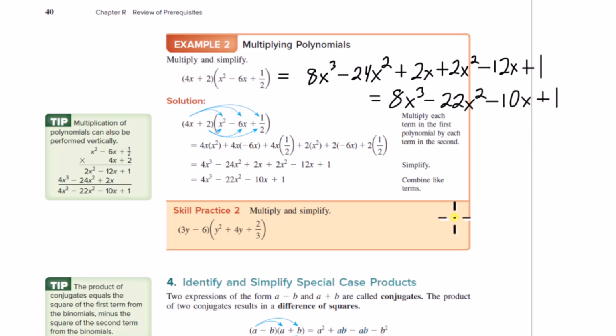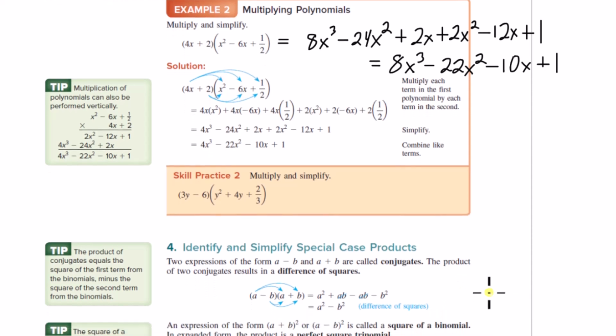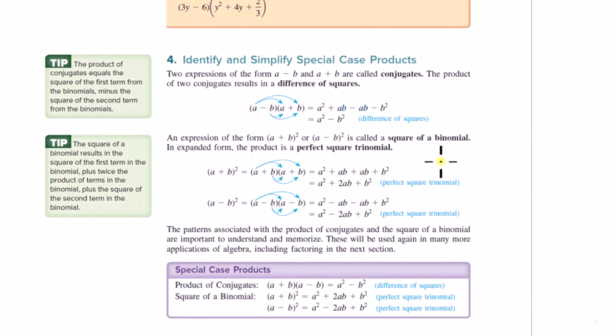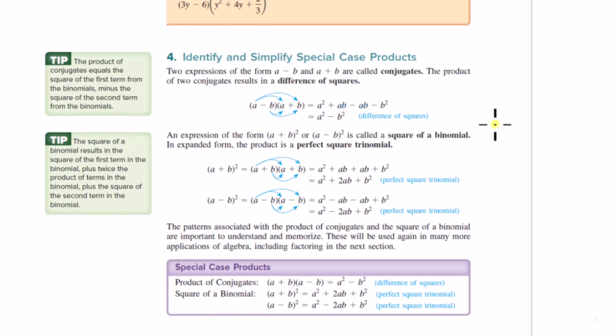Like that. Now next, we talk about some special cases where we can have some formulas that can make it easier to do the multiplication. But I want to stress here that this really has nothing to do with just polynomials at all.